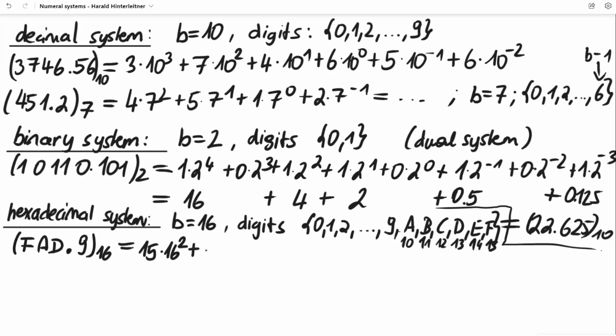A stands for 10. D stands for 13. Plus the digit after the point is just 9, 16 power negative 1. If you calculate this, you get the number in the decimal system.